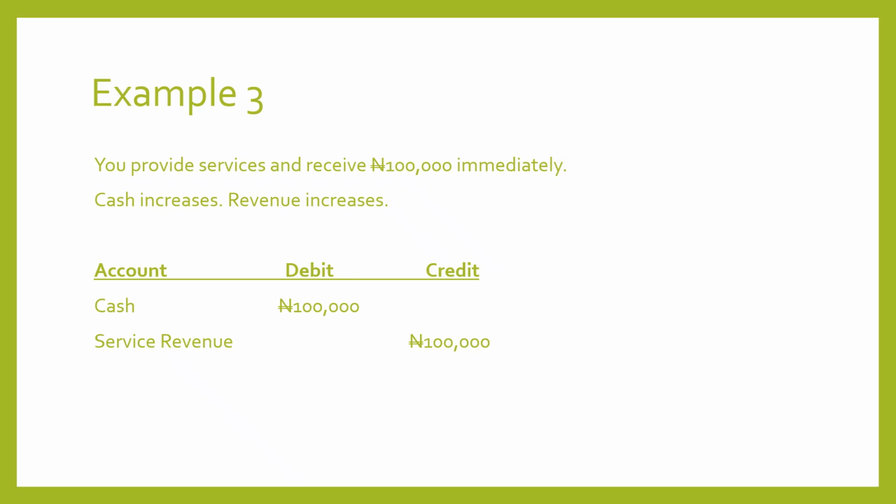Increase it by 100,000 naira, and income will also increase by what? 100,000 naira. So that is your debit and your credit. Every single entry, every single transaction has two sides to it. It has two accounts to it. You need to be able to identify the two accounts involved and then apply the debit or credit rule as applies.